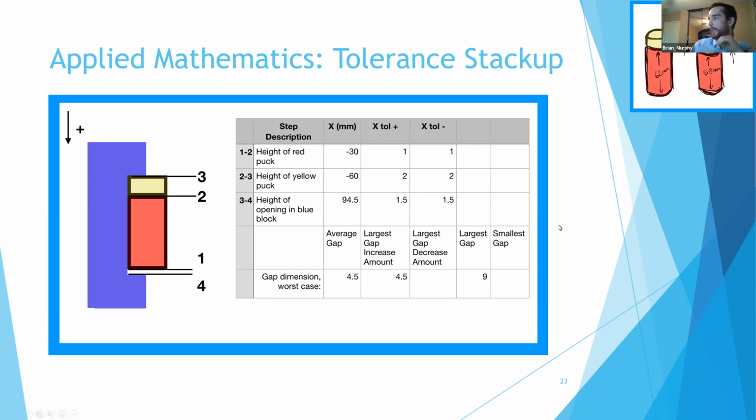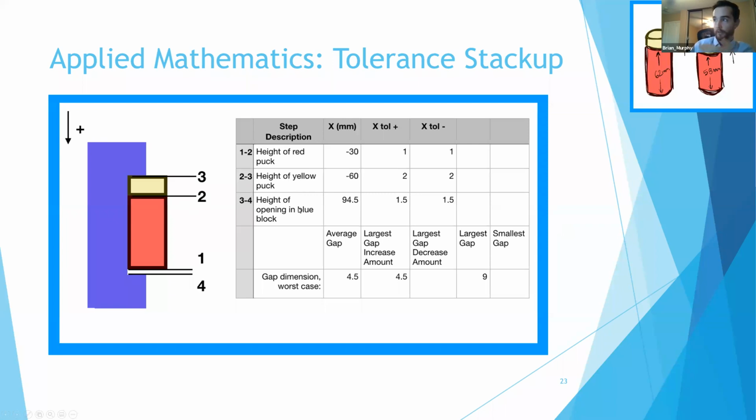So now let's take a look at the smallest gap. In the same way, you are going to look at the extremes of these parts. However, we're going to look at the smallest possible version of the opening and the largest possible version of the pucks. So the pucks are 93 millimeters at the highest end.